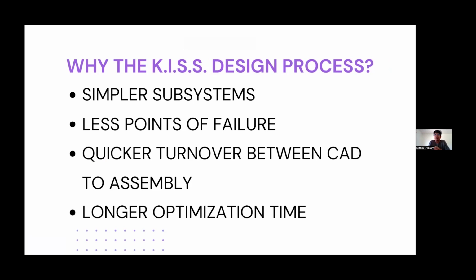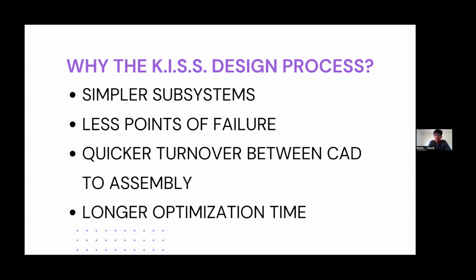So why do we use the KISS design process? It is overall just a fail-safe way of designing your robot. The reason is, one, you have simpler subsystems. Why is that important? There are fewer points of failure in simpler subsystems, right?